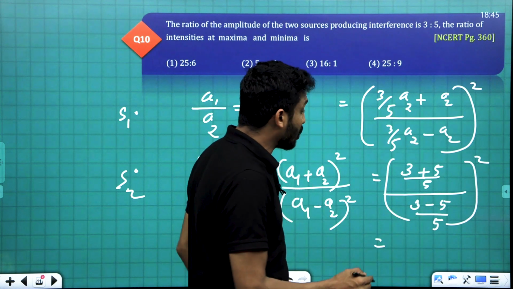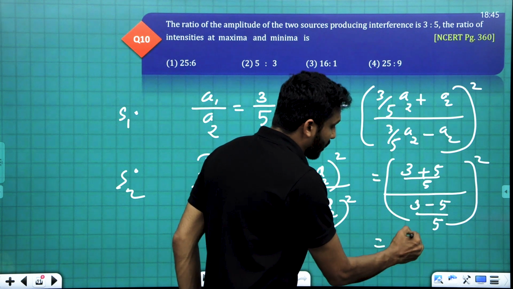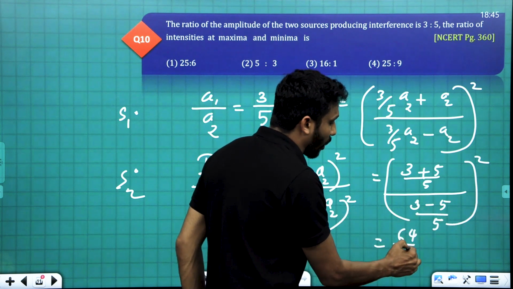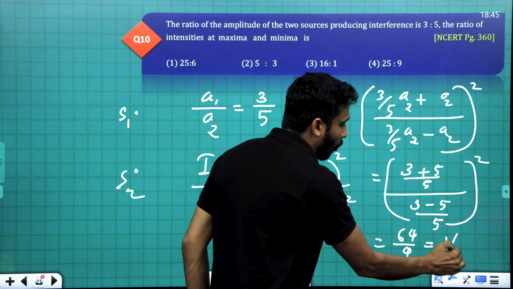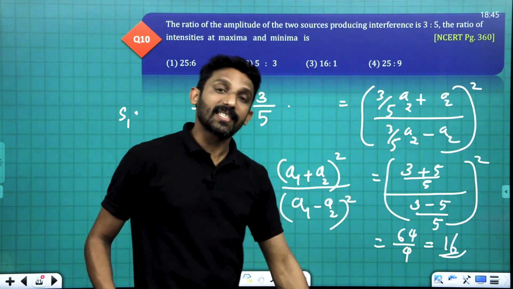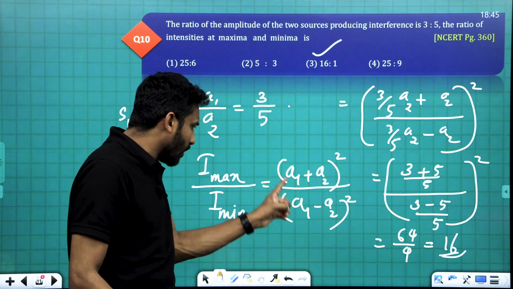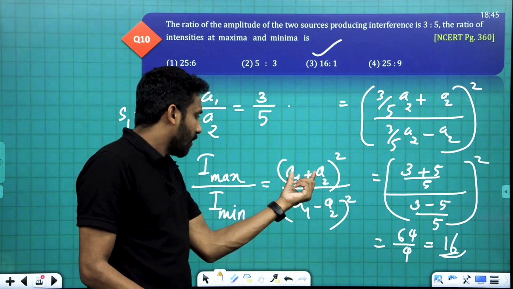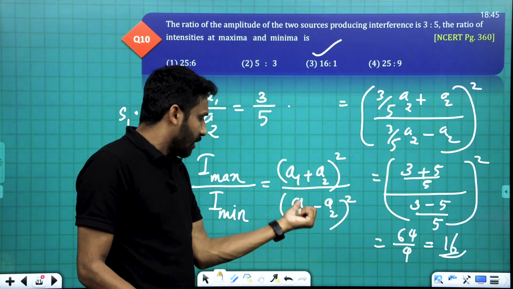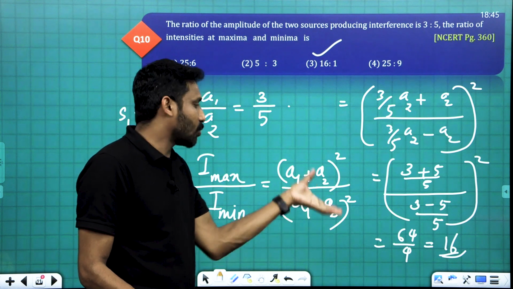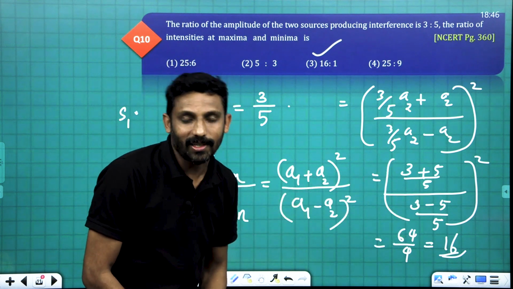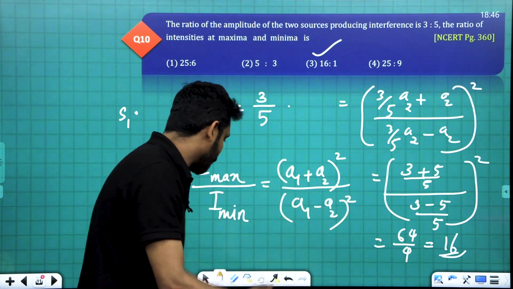Its square: 8 square is 64 divided by minus 2 square, which is 4. 64 by 4 is 16. 16:1 is the answer. The simplest way is to put 3 here and 5 here, then 8 on top, and 3 minus 5 is minus 2 below. Square it and we get the answer 16. Understood? Clear? Next.